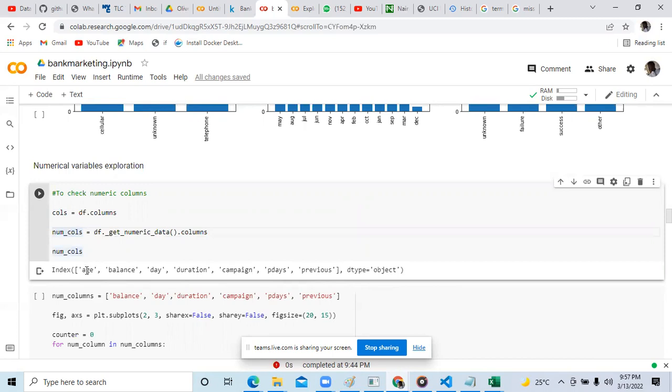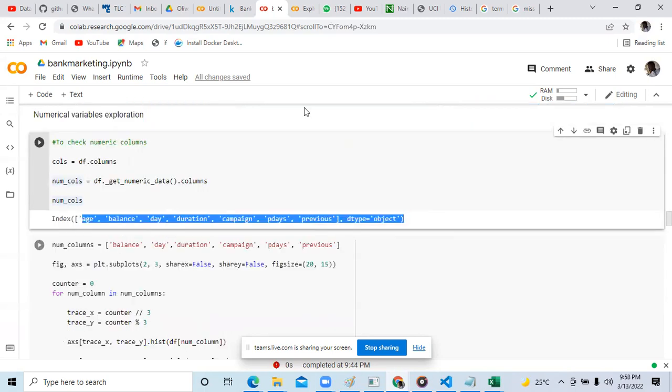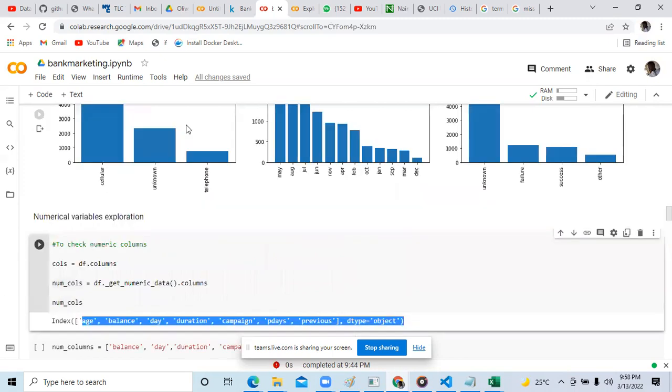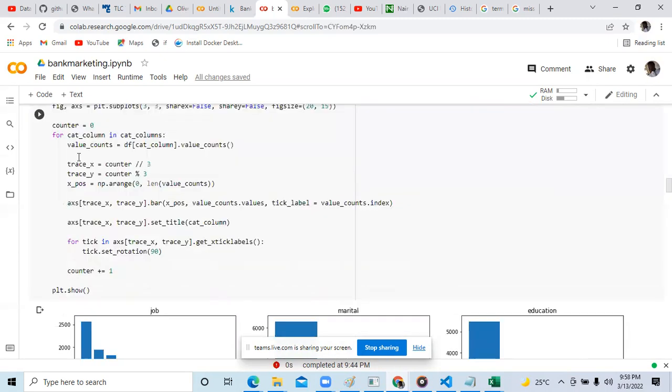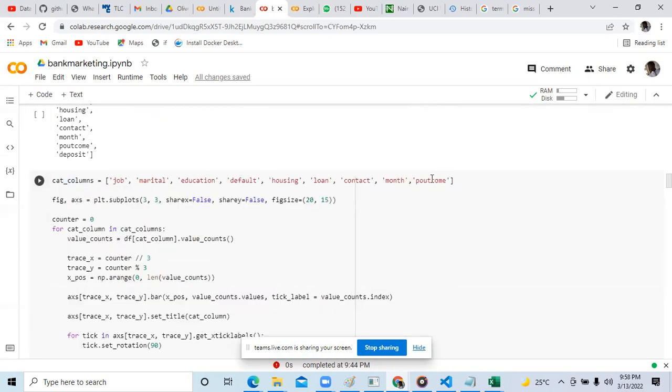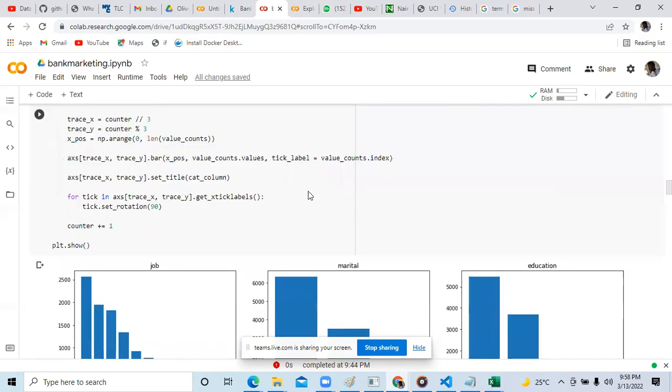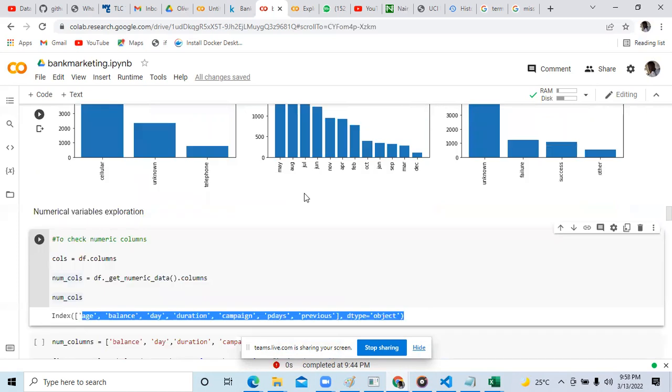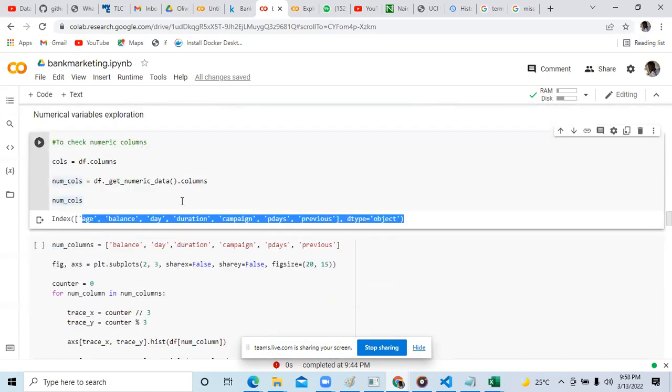This is going to get all our numeric data for us. So we have age, balance, day, duration. We'll use the same code that we used for categorical variables; I just changed the variables.